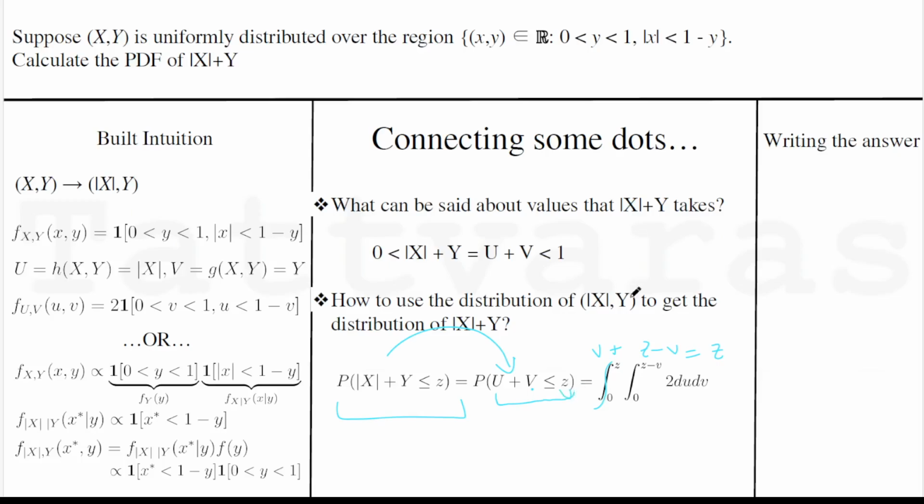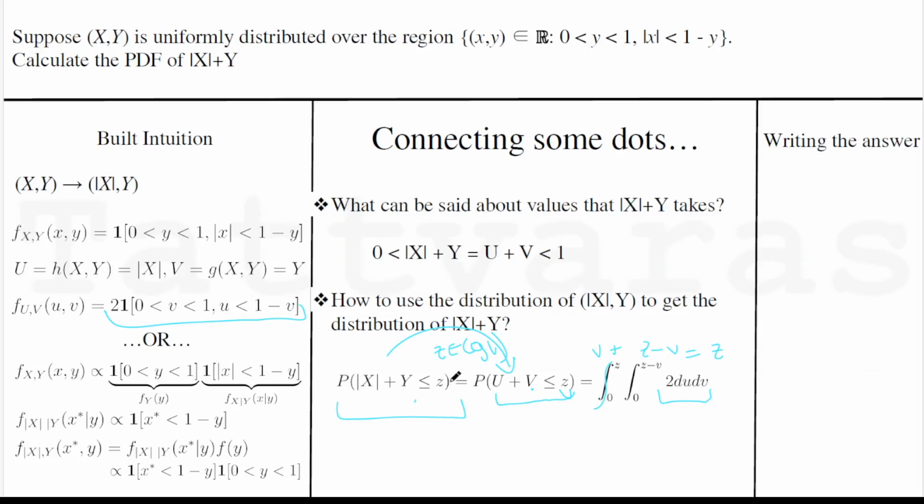So this gives out the region. And we integrate it over the joint PDF that we have derived over here. And it's this. And do note that this is for z belonging to 0 and 1. Because if z is less than 0, anyway, this CDF is going to take 0 value.